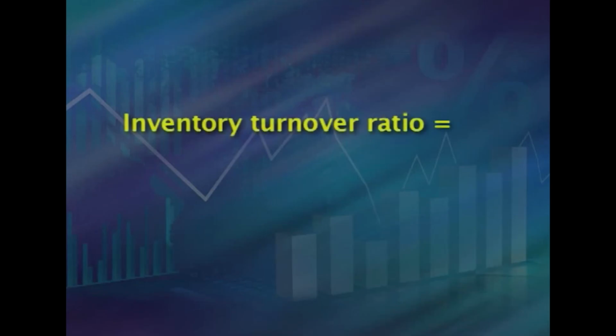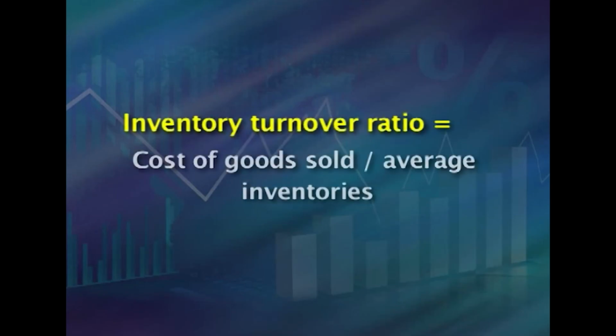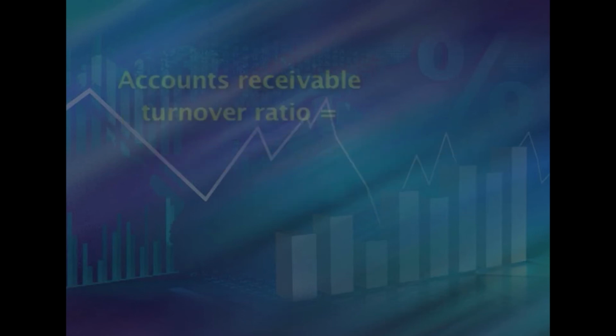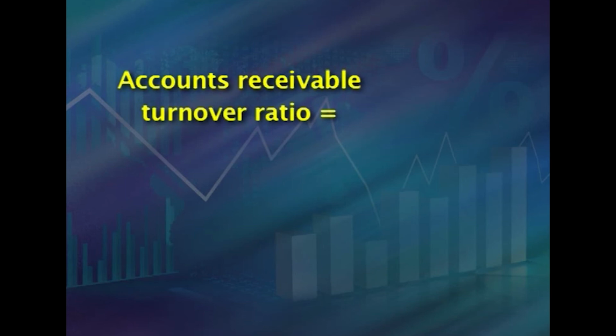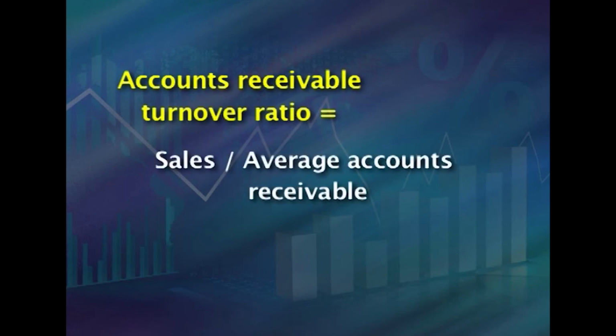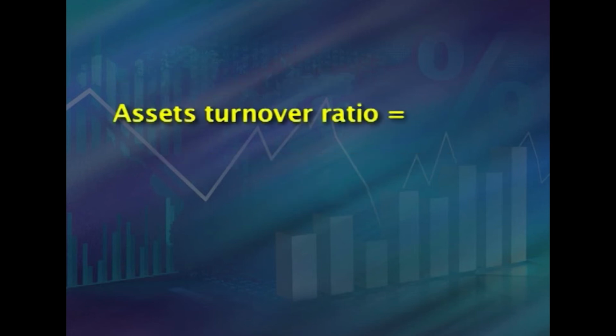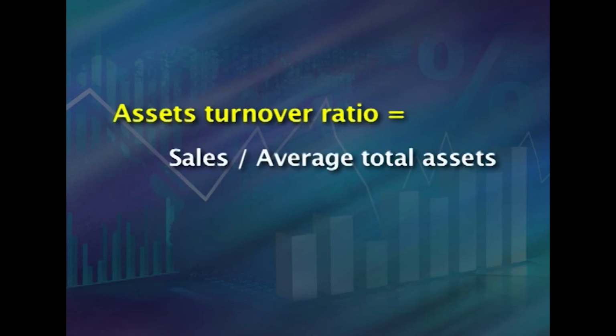Activity analysis ratios show how efficient the organization has been in using its assets to generate sales, and include the inventory turnover ratio, which equals cost of goods sold divided by average inventories; the accounts receivable turnover ratio, which equals sales divided by average accounts receivable; and the assets turnover ratio, which equals sales divided by average total assets.